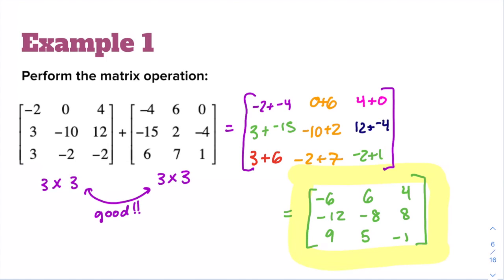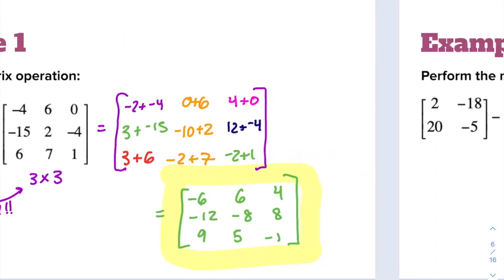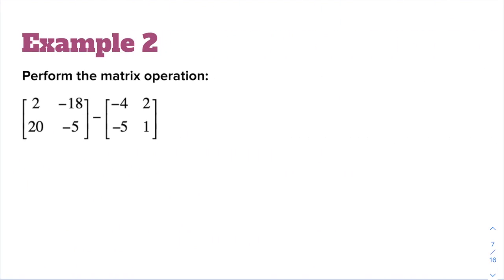So that was matrix addition. In example 2, we're going to practice some matrix subtraction. So basically the exact same process, but instead of adding the corresponding elements, you're just going to subtract them. You do want to check that your dimensions are the same. So these are both 2 by 2. So that works. Again, you have to check that every single time.